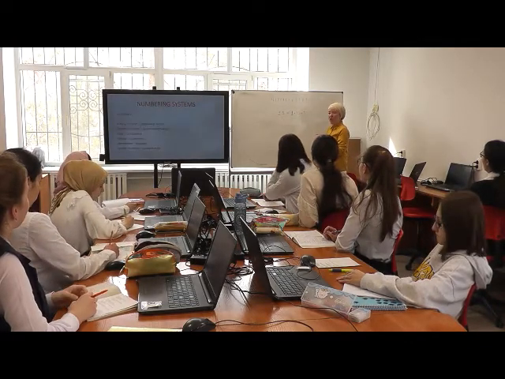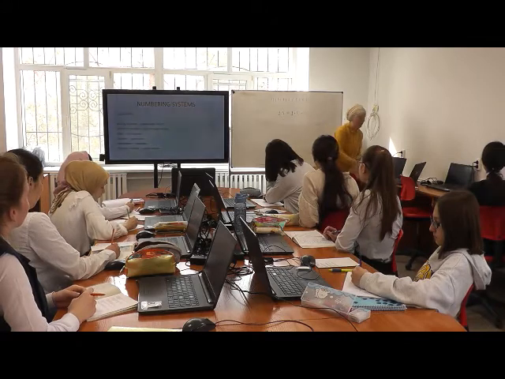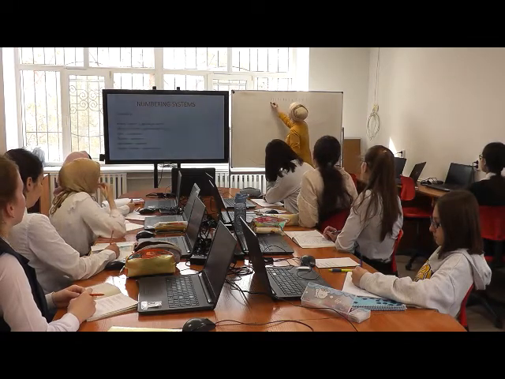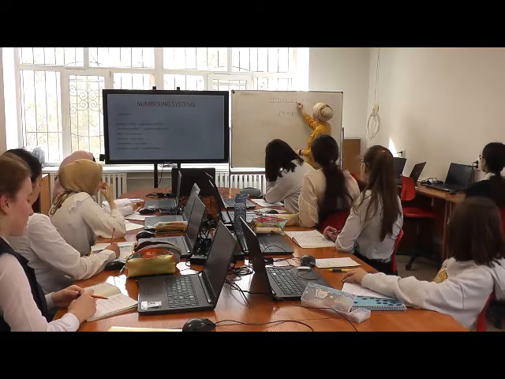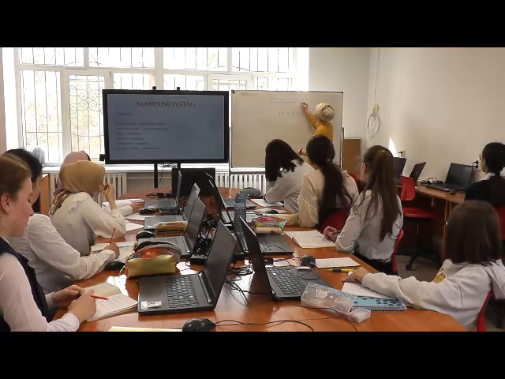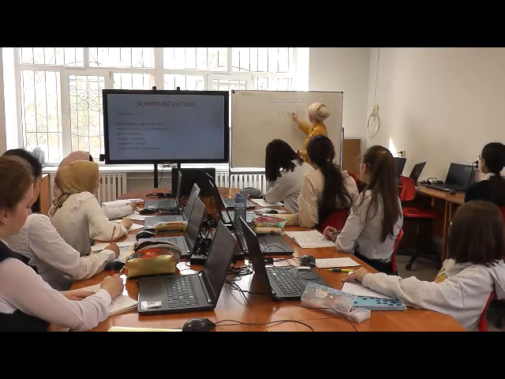For example, if the base is 5, you will count it like that. Here one group of 5, then the second group of 5, and 3, right? So we have 2 groups of 5.